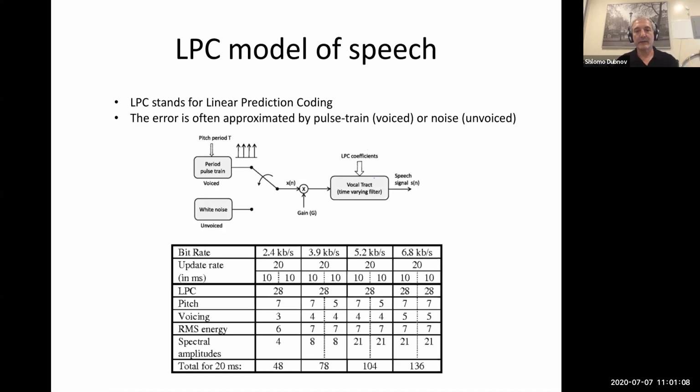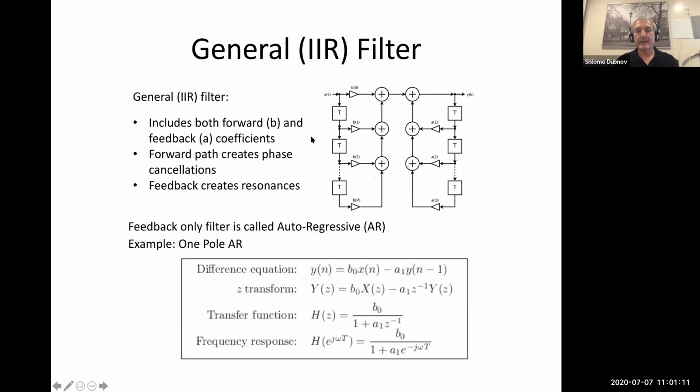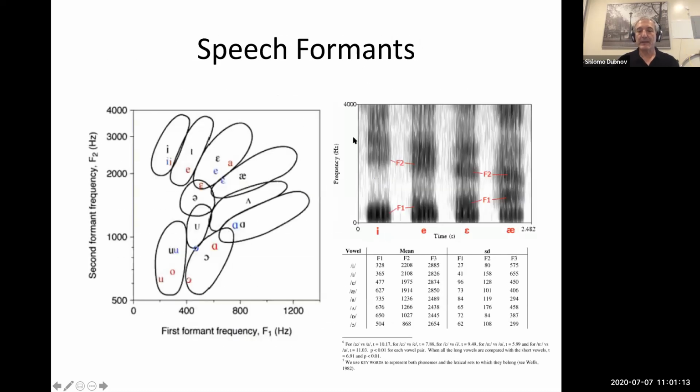If this is the representation that the filter gives, and the pitch gives you the lines here, a lot of the modern models will generate a spectrogram, which is also very much dependent on the speaker itself. It learns the speaker characteristics and the rate, the prosody. But as far as human engineered features and human engineered ways of compressing and understanding speech, this is pretty much state of the art.